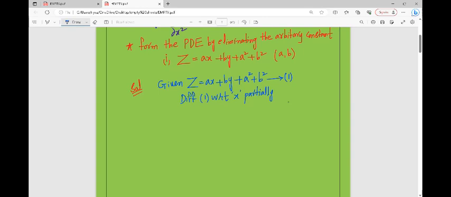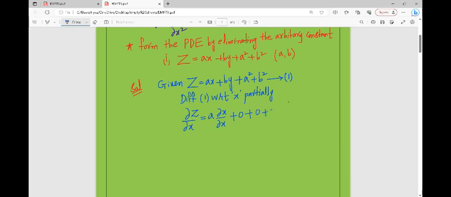So here partially means we use this symbol dou by dou x; we use dou for partial differentiation. Dou by dou x of z is equal to a, a is a constant, x with respect to x, plus here we don't have any x value, so 0, plus here we don't have, 0.